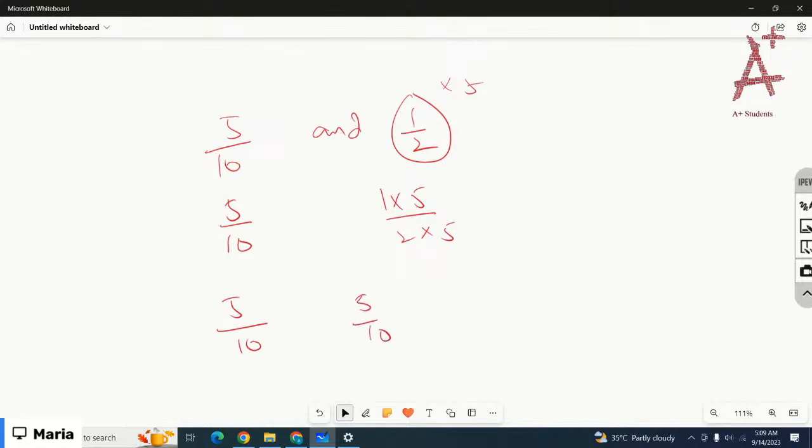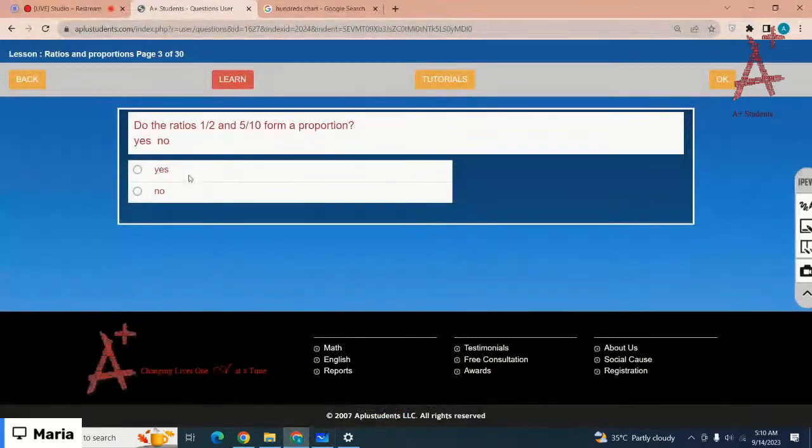See, both the fractions have exactly the same numerator and the same denominator. That means 5 by 10 and 1 by 2 form a proportion. The correct option is yes, they form a proportion.